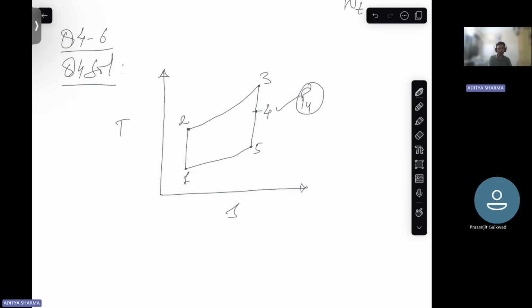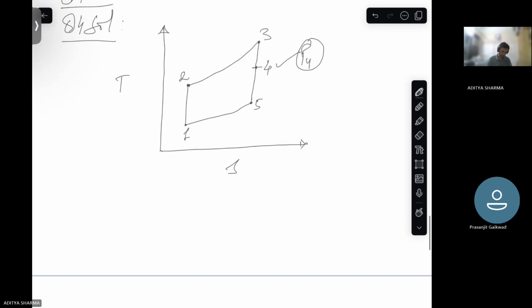So how we will do that? Because 3 to 4 is isentropic, right?